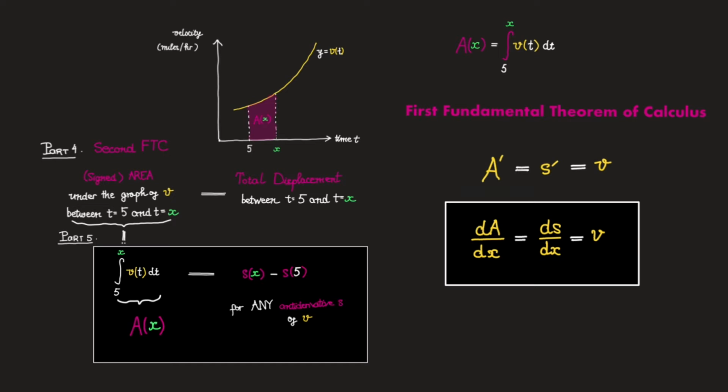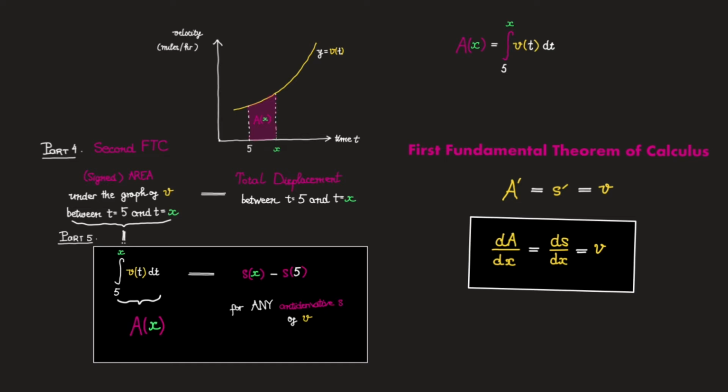It's obvious. This is because by the second fundamental theorem of calculus, this area is going to be equal to total displacement between the time x and 5, right? So if we take any antiderivative s of v, then we should have that this area is equal to s(x) minus s(5). Now this area is by definition just A, so this means that A is equal to s(x) minus s(5).